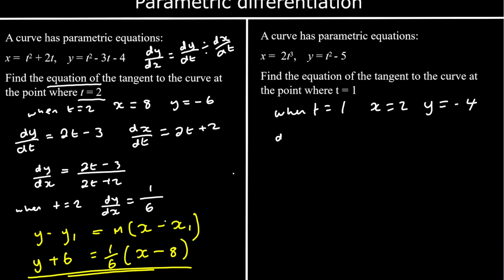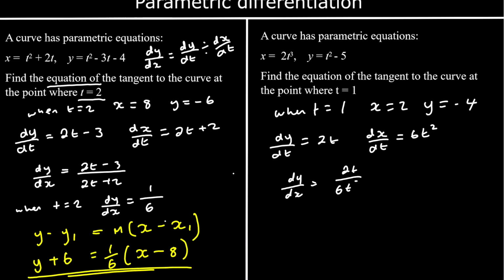And we want dy/dt, which is 2t. dx/dt is 6t squared. So dy/dx is 2t divided by 6t squared. And when t is 1, the gradient is 2/6 or 1/3.